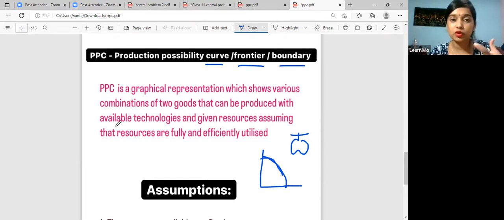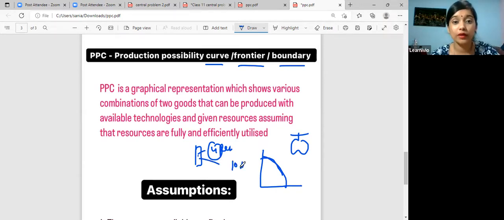See, it's not your choice what you want to produce. Basically, if you have the technology and the resources, only then can you produce. So it can be produced with the available technology and given resources, assuming that resources are fully and efficiently used. For example, if you have this piece of wood, from this you can produce, for example, 4 pens. Of course you need material for that, but say you decide, okay, I'll make bad quality pens and produce 10 pens.